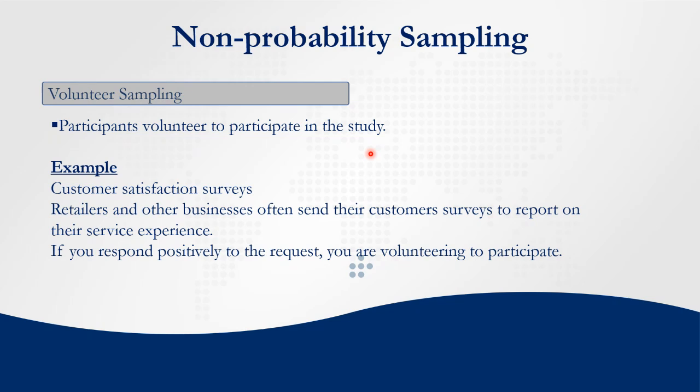For example, if you are looking at the University of South Africa and you are sending to all the students for feedback on the customer service they are receiving from the university on different things, you might find that the students who are likely to respond are the ones who are happy, or the ones who are not so happy, so they want to voice out.